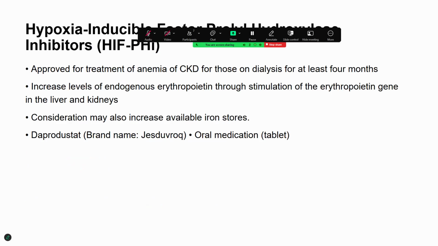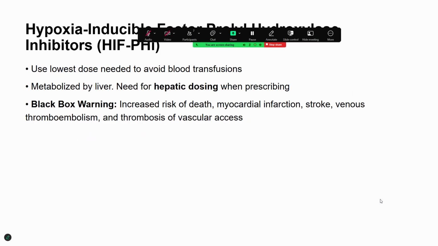There is the HIF-PHI, the hypoxia-inducible factor prolyl hydroxylase inhibitor. We have one patient that we just started on this product, but this is the oral form of erythropoietin stimulation. Besides daprodustat, I think there's vadadustat, and I think there's a third one as well. But these are oral alternatives to ESAs.